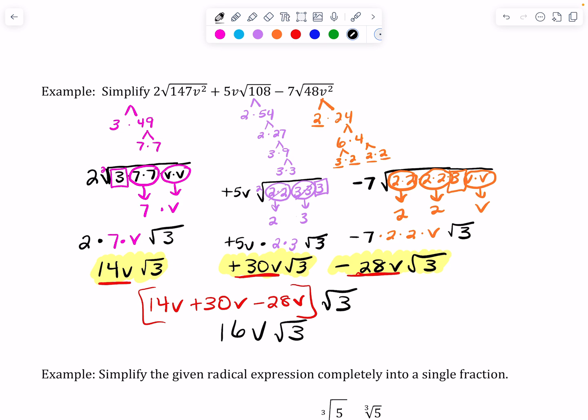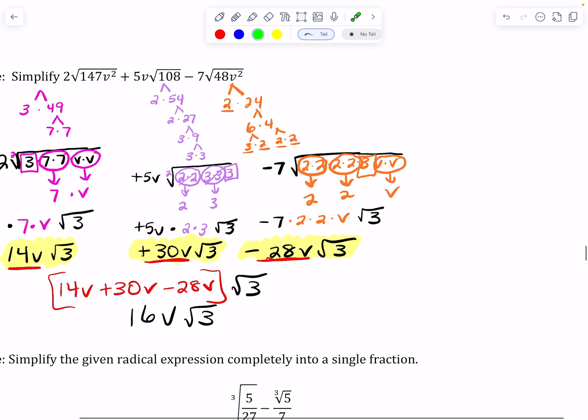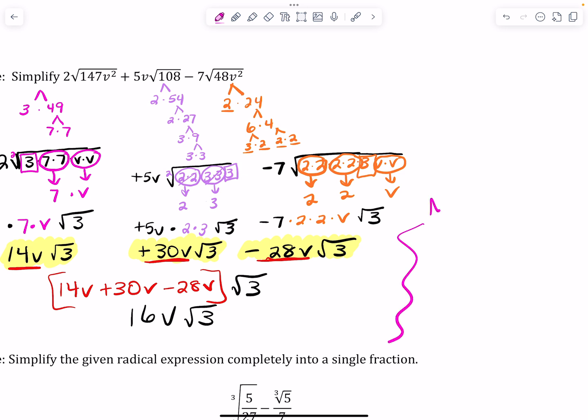Now, if these didn't all have the same letter, we would not be able to combine them. We would have to write them as separate radicals. So if we look at this for a second, let's just make a note and let's change the question to a different example.